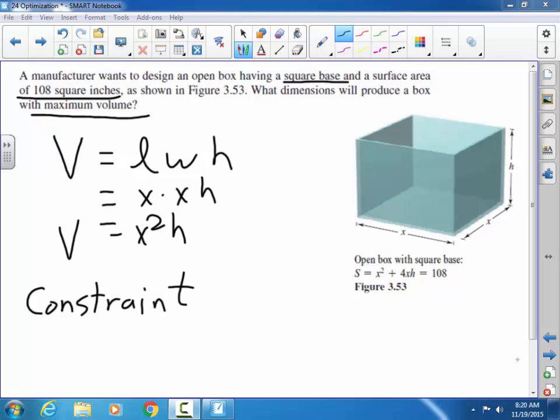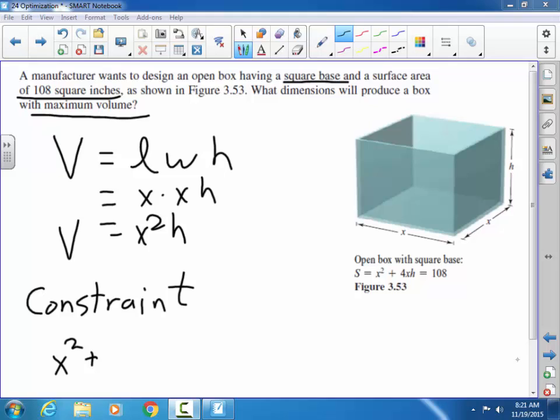How do we find the surface area of something? The surface area is the area of all the surfaces. So if it doesn't have a top, it's got 5 surfaces. So it's the area of the bottom, which is x squared, plus, what's the area of this front face here? How do I find it?